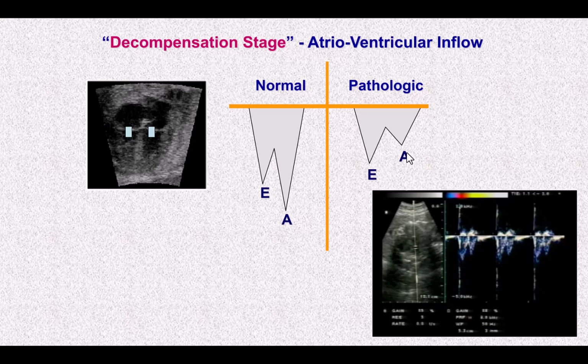And the reason is the same, because the atrial myocardium is facing the same condition as the ventricular myocardium, with less availability of oxygen and substrate, and the performance of this part of the myocardium is reduced.